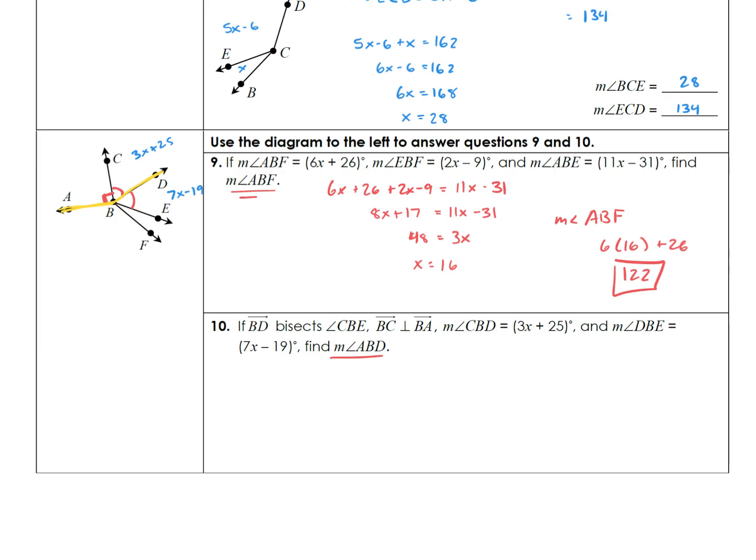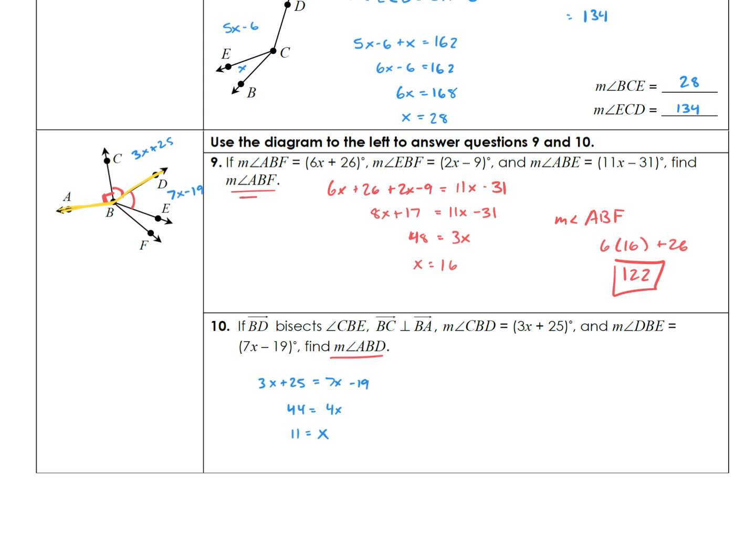Because those angles are congruent, that means those measures are equal. So I can set those two things equal to each other, and that's how you're going to solve for x. So when you combine like terms, 4x is equal to 44, 11 is equal to x, which means I can now plug back in.